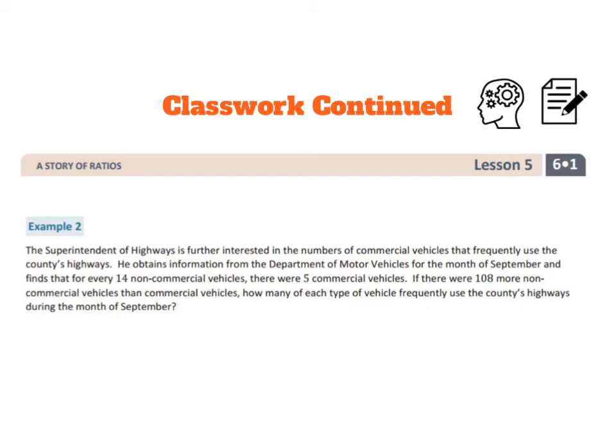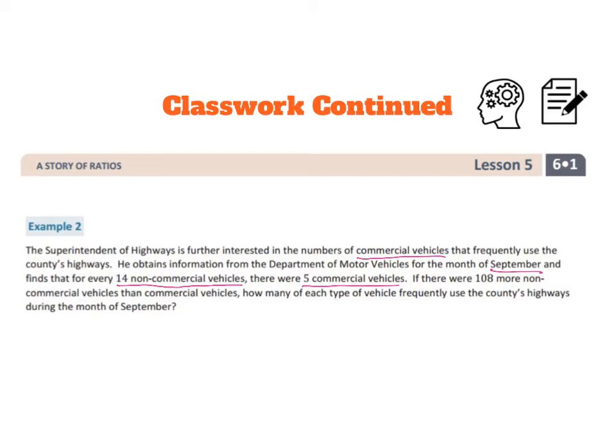Here we have example 2. We still have this superintendent of highways, and he's further interested in the numbers of commercial vehicles that frequently use the county's highways. He obtains information from the Department of Motor Vehicles, DMV, for the month. Now we're in the month of September, and finds that for every 14 non-commercial vehicles, there were 5 commercial vehicles, hauling stuff around.